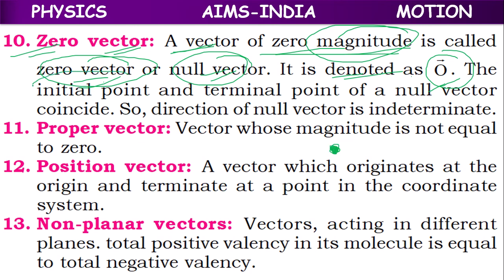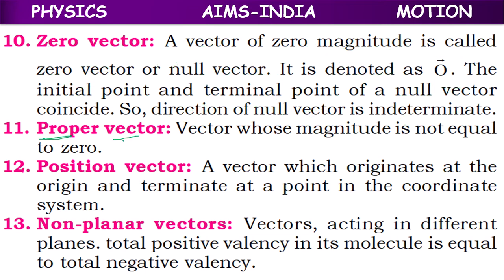When the initial point and terminal point of the vector coincide with one another, then it is called null vector or zero vector. So the direction of null vector is indefinite, indeterminate. We cannot determine the direction of the null vector as both the points coincide.